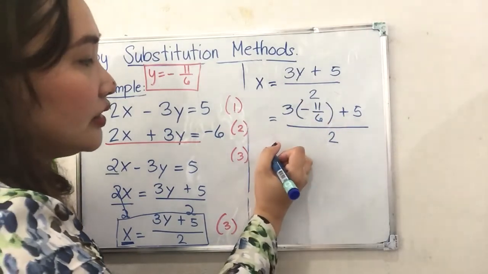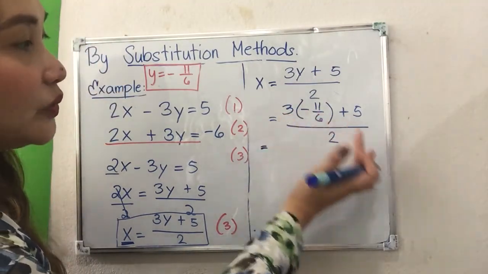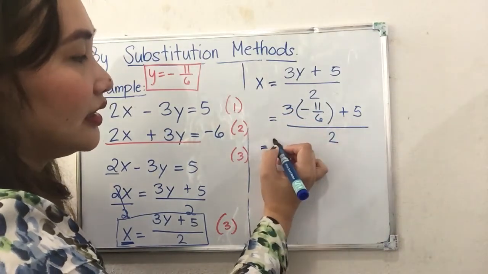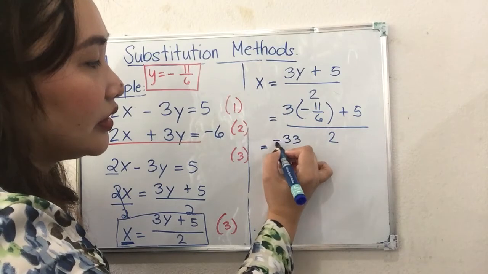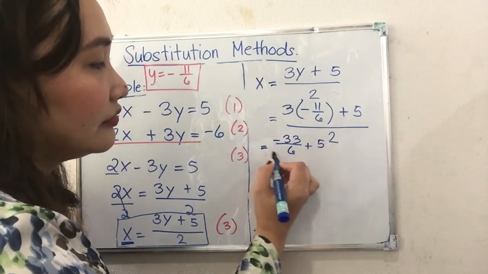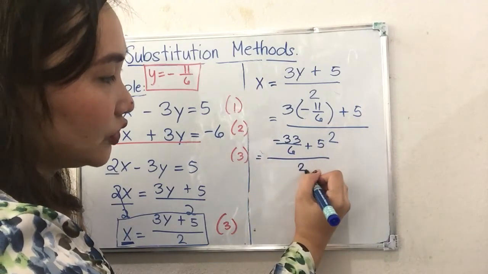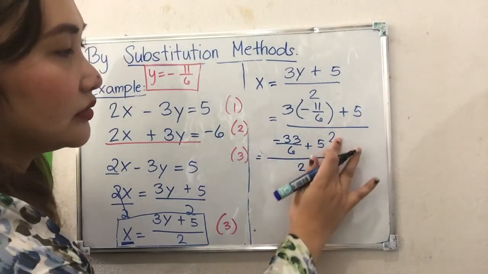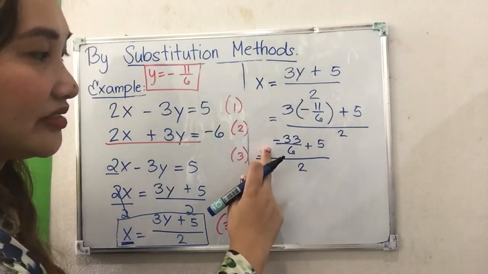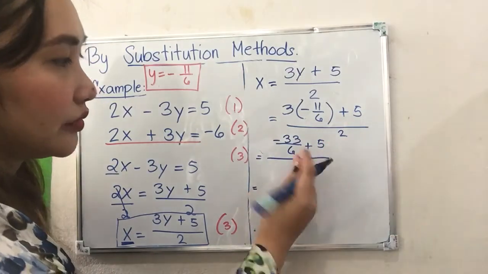Let's simplify this one. 3 times negative 11 is negative 33 over 6 plus 5 over 2. Since these are in fraction form, what are we going to do?